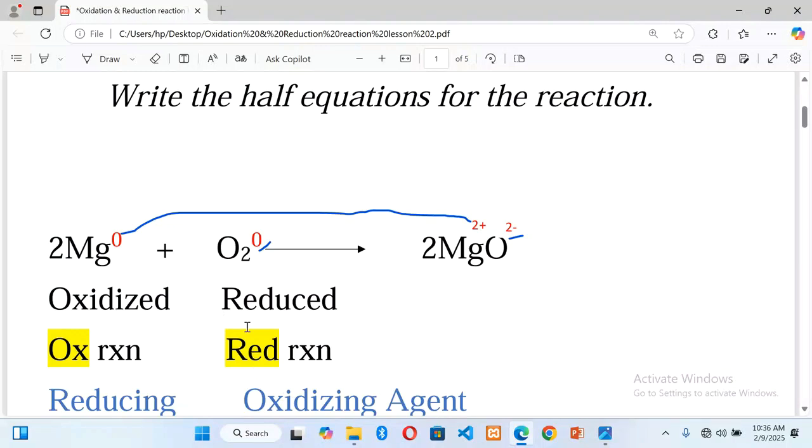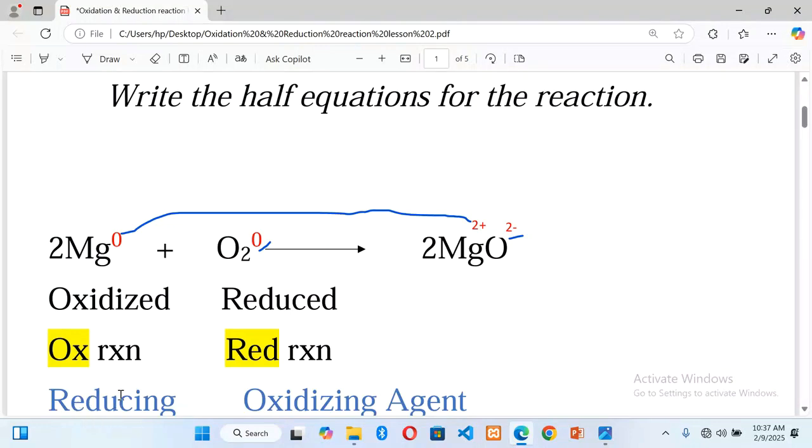Because oxygen is the one causing magnesium to be oxidized, because it is oxygen that is receiving the electrons coming from magnesium. Therefore, we call oxygen an oxidizing agent. While magnesium is the one causing oxygen to be reduced because it is giving electrons to oxygen. Therefore, we call that one a reducing agent.